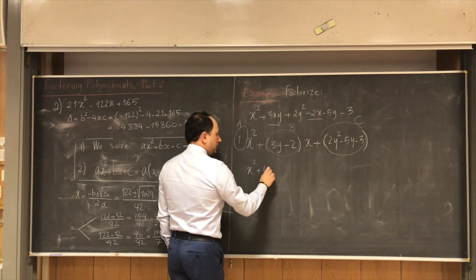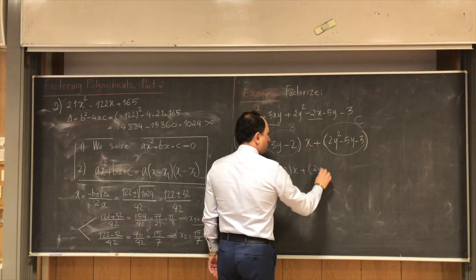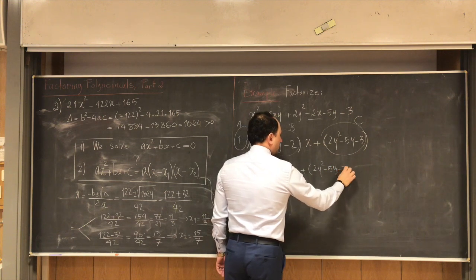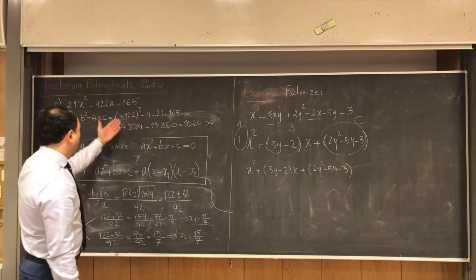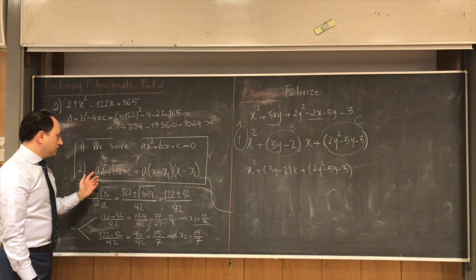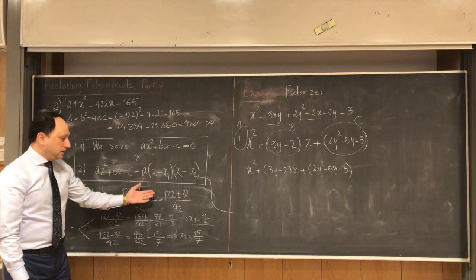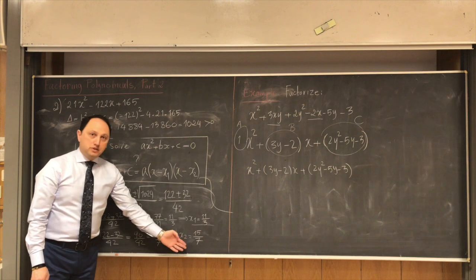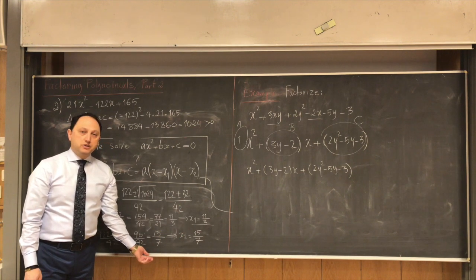x squared, plus (3y minus 2)x, and then I have 2y squared minus 5y minus 3. And you want to factorize this. In principle, this recipe should work, yes? Because this recipe tells you that what you need to do is find the roots. But in the earlier examples, our roots were numbers, while here our roots become algebraic expressions on their own.